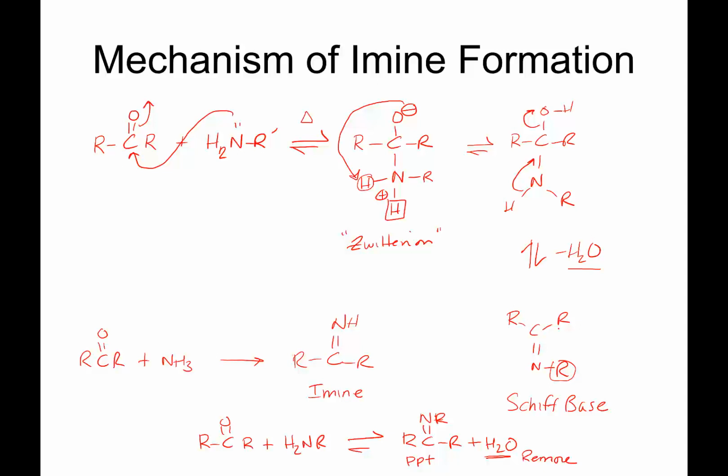That gets transferred, and I have nothing to form the CN double bond. So I've got to change the mechanism a little bit. So that's forming imines and Schiff bases. And again, imine comes from ammonia. A Schiff base comes from everything else.